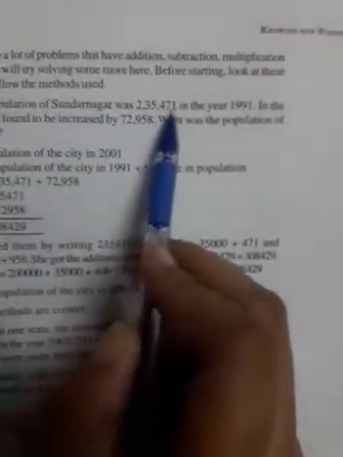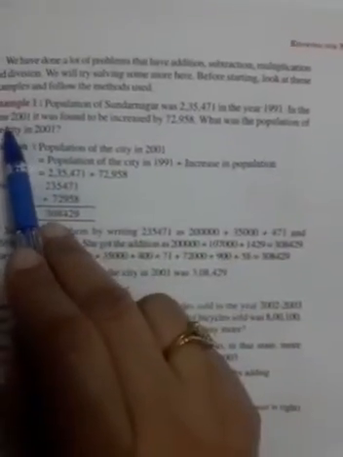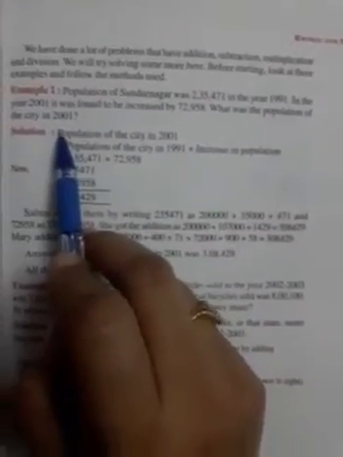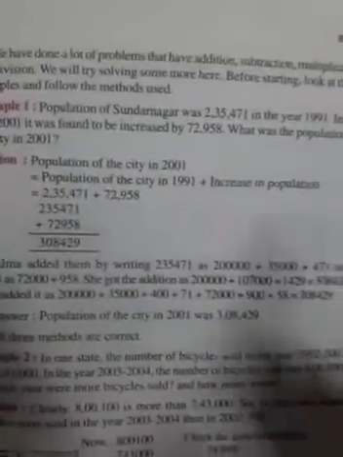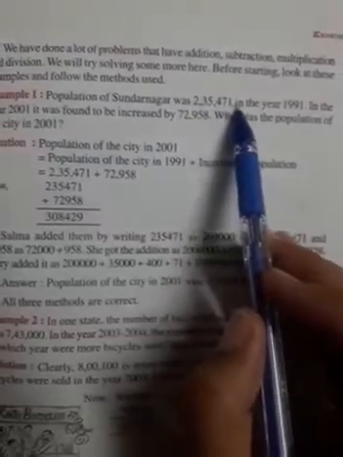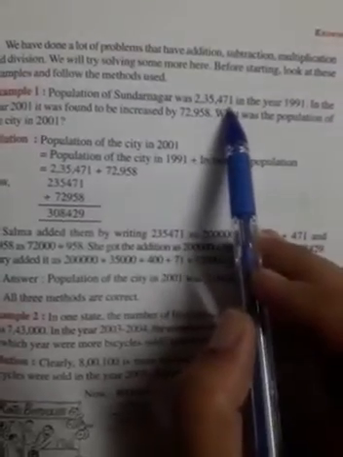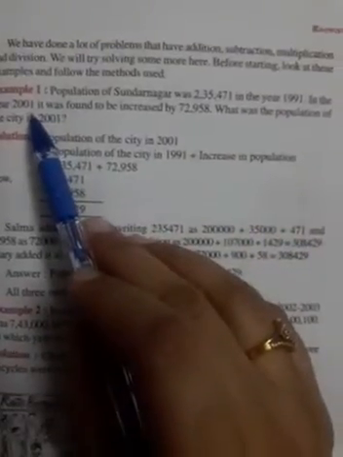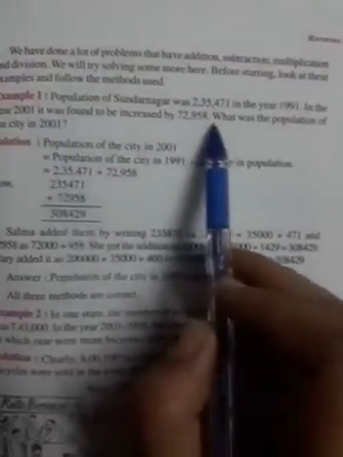First example: the population of Sundarnagar in 1991 is given, and it was found to have increased by this much by 2001. What is the population in 2001? The population in 1991 is given as 2,35,471. By the year 2001 it increased by this.